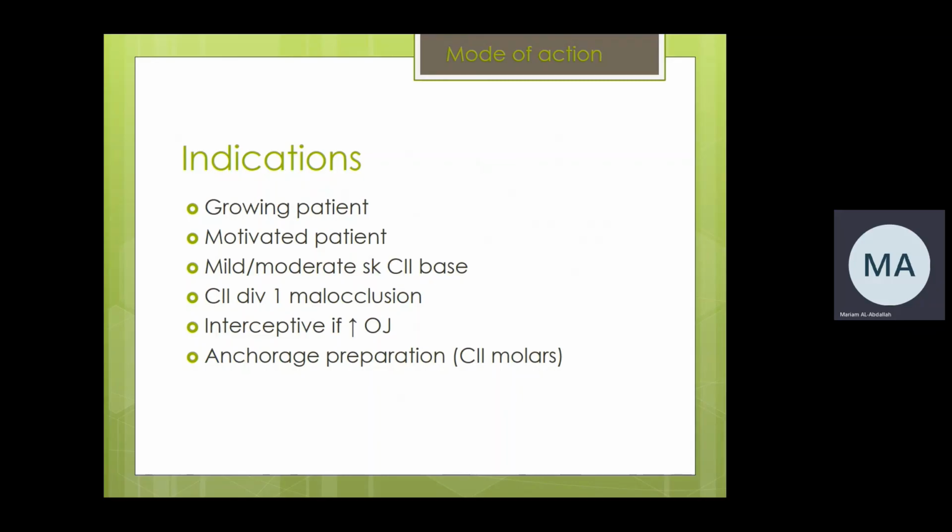Functional appliances are indicated mainly for growing patients, of course, motivated patients, patients with a mild to moderate skeletal class 2 base, patients with a class 2 division 1 malocclusion mainly, or for an interceptive reduction of overjet for patients with an increased risk of trauma, or we can use it for anchorage preparation for patients with class 2 molars.